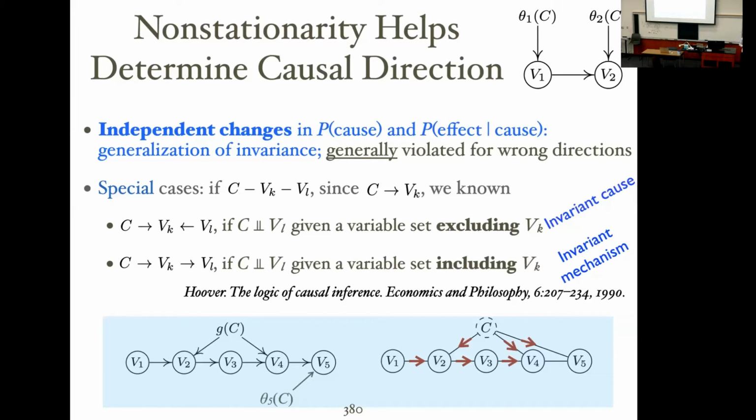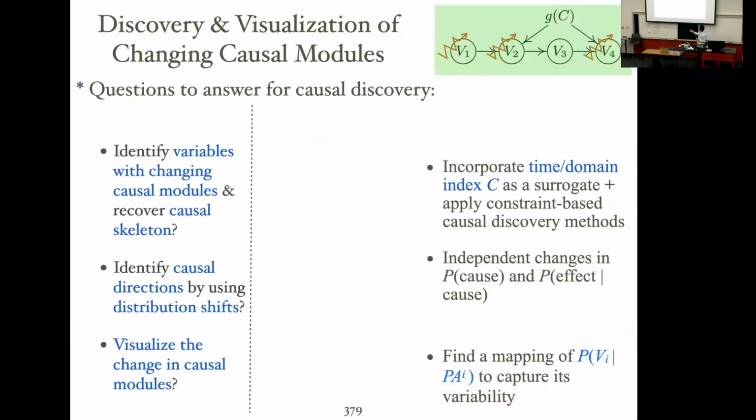Good? Okay. So the model can tell us whether or not the variable changes conditional on the others. Can it tell us to what extent they change? Yes, exactly. That's the visualization part. In the linear case, it's kind of trivial: you can find a linear model and estimate coefficients, noise level, and so on. But generally speaking, you want to find a way to preserve all the information of changes in the mechanism.